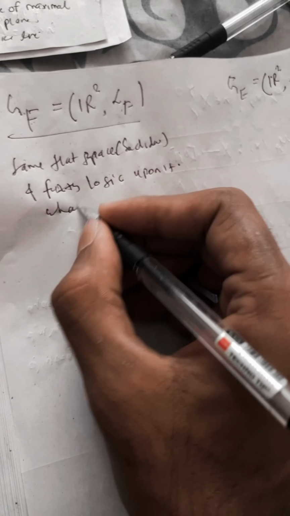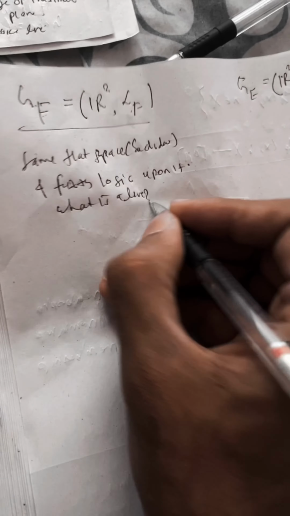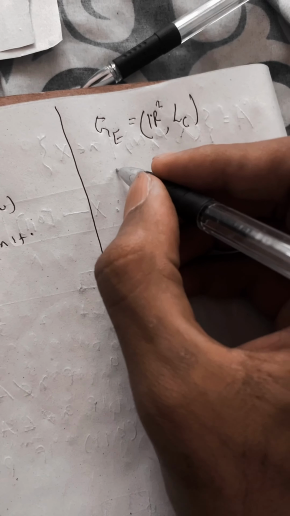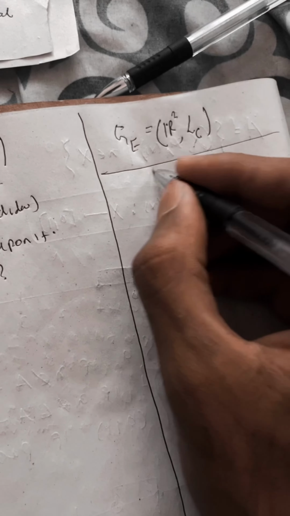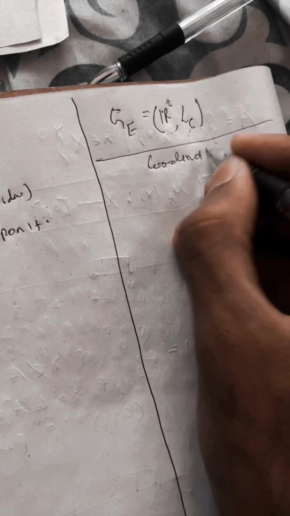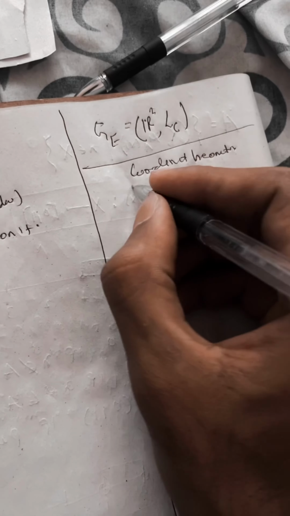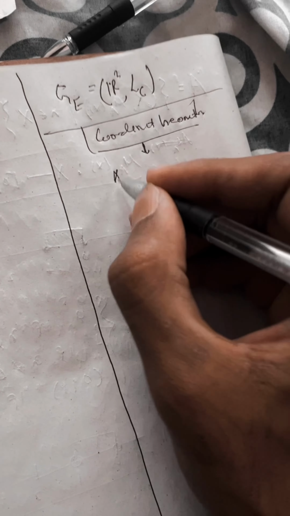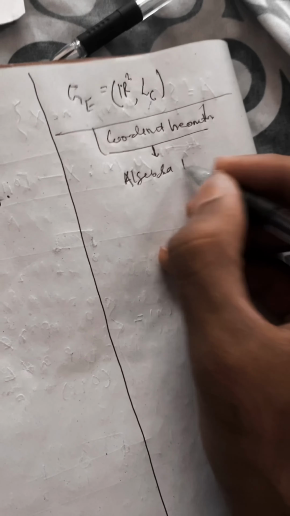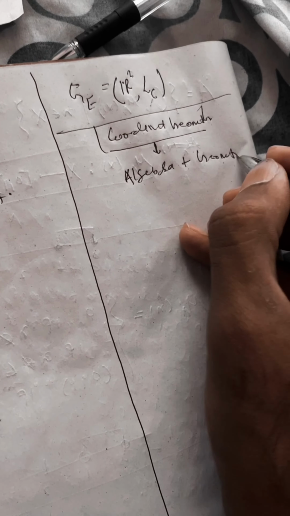Then we ask, what is a line then? See, a line, I am going to talk a little about coordinate geometry. Coordinate geometry is algebra imposed on geometry, right?